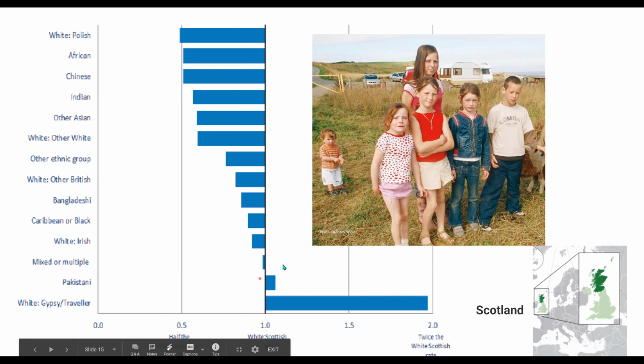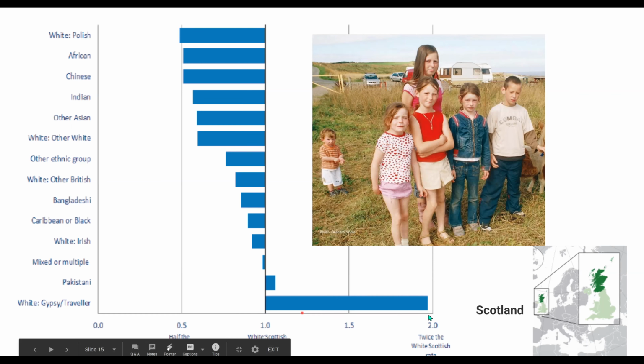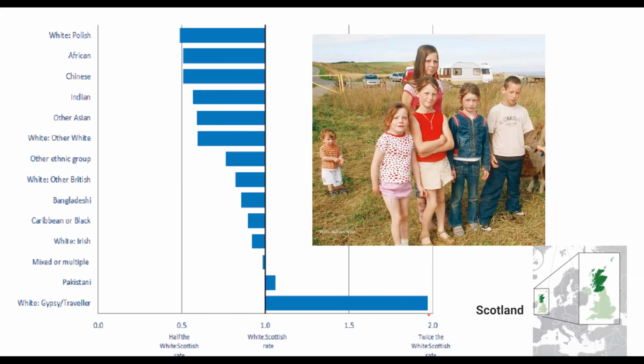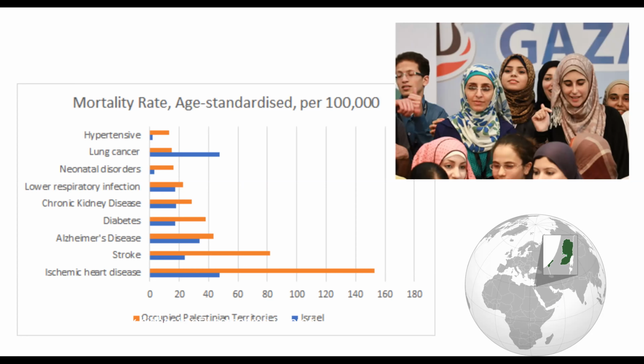And so there are only two different populations, Pakistani and the Romani or the Irish travelers, that have higher rates than the Scottish. You see the same effects and the same inequities in Palestinians in occupied territory.